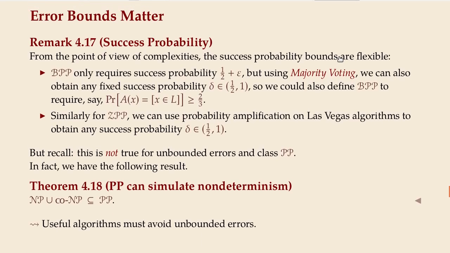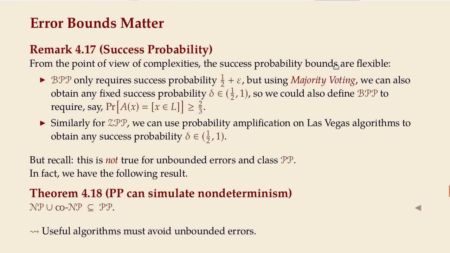And that's the next result. So I'm just discussing that slide, but we will do the proof next time. So that's a recap of what we did. The BPP class required a probability of success, of the right answer, of 1/2 plus epsilon. But as we've just proved, we can essentially amplify that probability to any constant delta without even affecting the running time by more than a constant.